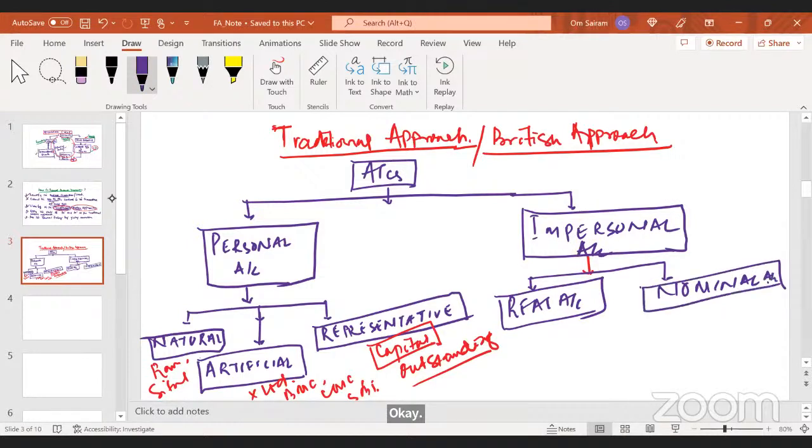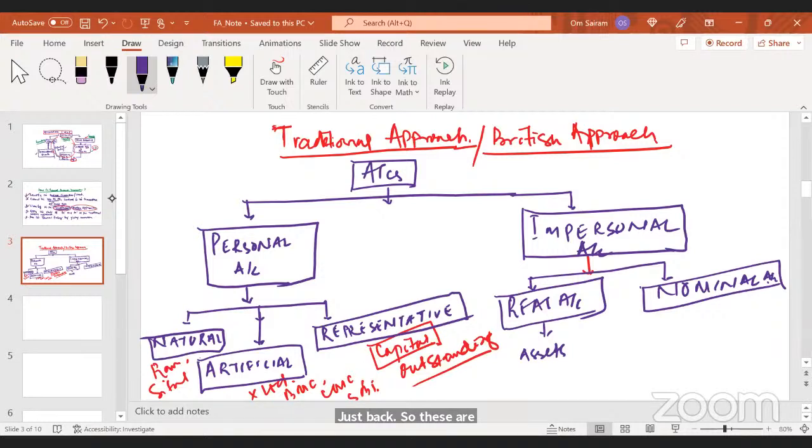Real accounts are accounts of all assets or properties of the business, or you can say resources of the business. So what are the assets? It may be land, building, plant, machinery, premises, furniture, fixtures, vehicles. These are all assets of the business. Cash, bank. So these are real accounts.